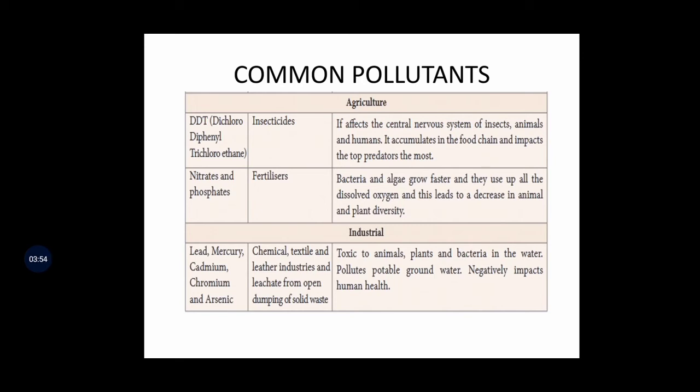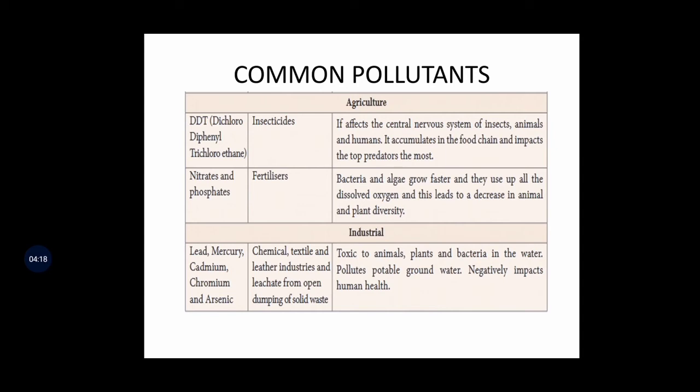So, by prolonged consumption, it will cause damage in the brain of any insects, animals, as well as humans. The next common pollutant is nitrates and phosphates, which serve as fertilizer. It also does the same as insecticide does.